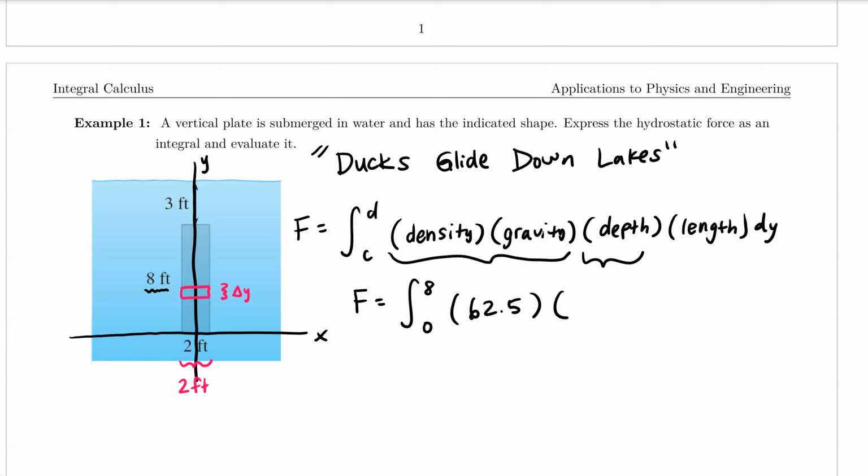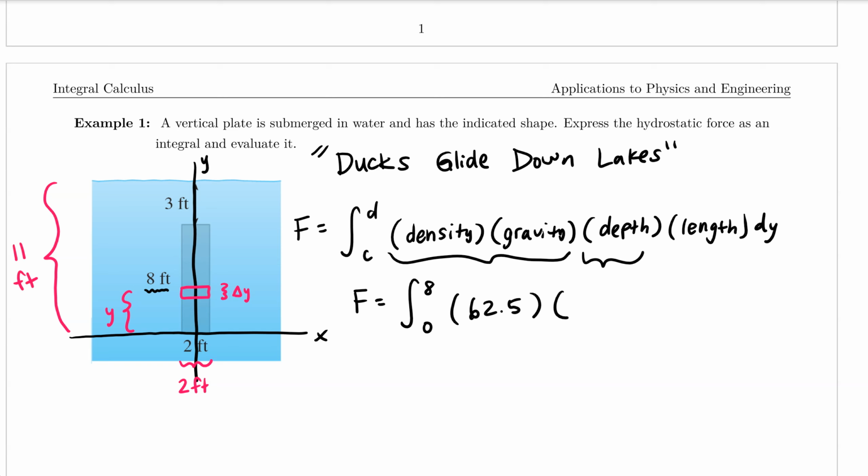Then the depth: if we come back to our picture and look at the cross section in the middle, this distance here is y. The depth is basically how far my cross section is from the surface of the water. From the bottom of my tank to the surface of the water, if I add 8 and 3, that gives me 11 feet.